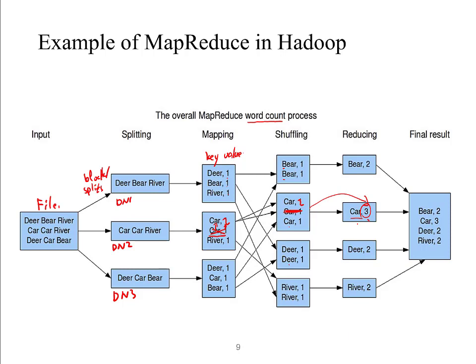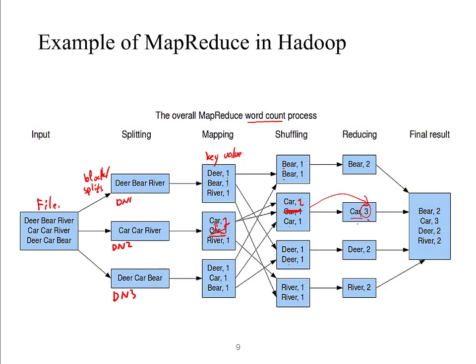Now, the reducer and the mappers, can they be on the same machine or not? Actually, they can, or they cannot, is also possible. As we have discussed before, the data locality, because reducers cannot benefit from it, basically it doesn't matter whether they are on the same machine or not.